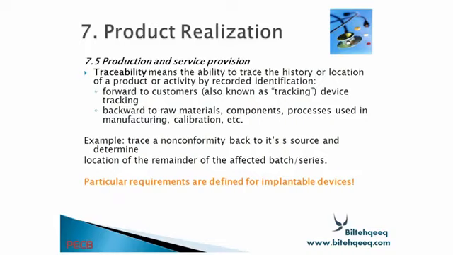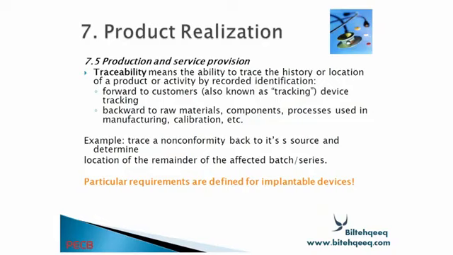And traceability means the ability to trace the history or location of a product or activity by recorded identification, forward to the customer, also known as tracking or device tracking, and backward to raw material, components, processes used in manufacturing, calibration, etc. Example: trace a non-conformity back to its source and determine the location of the remainder of the affected batches.